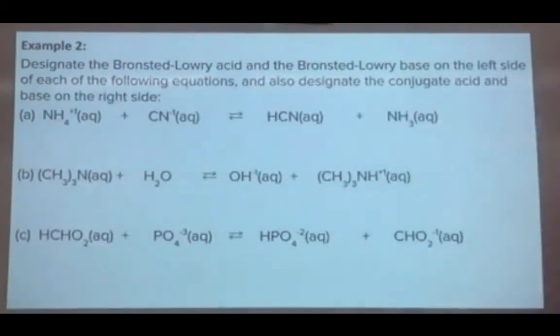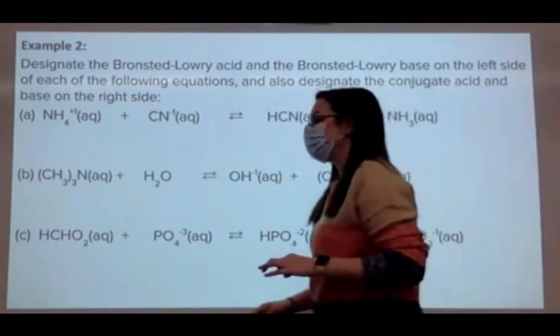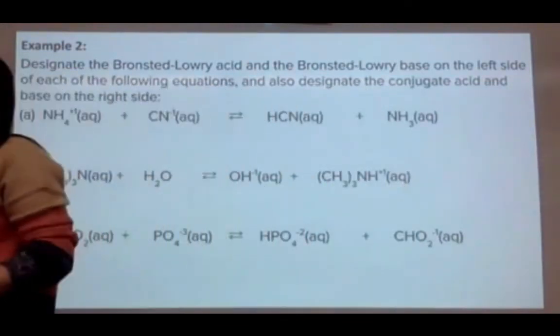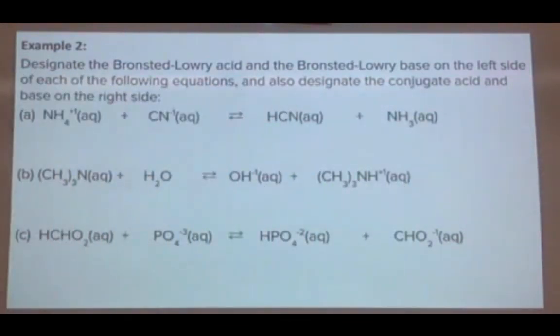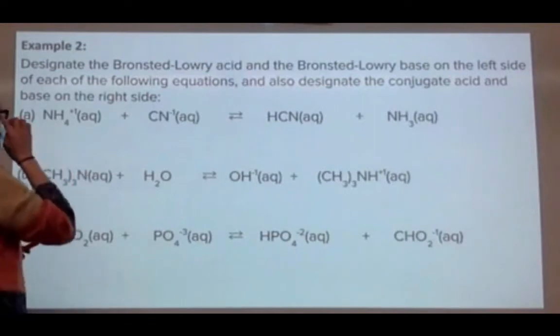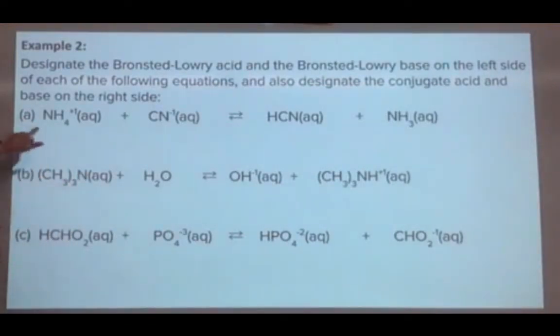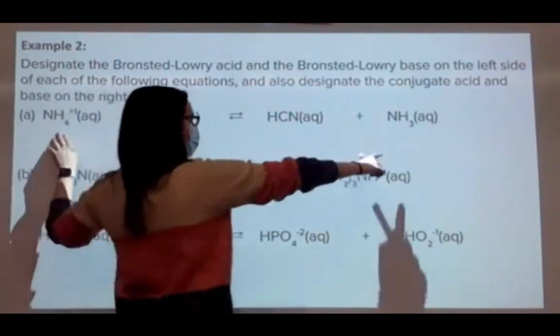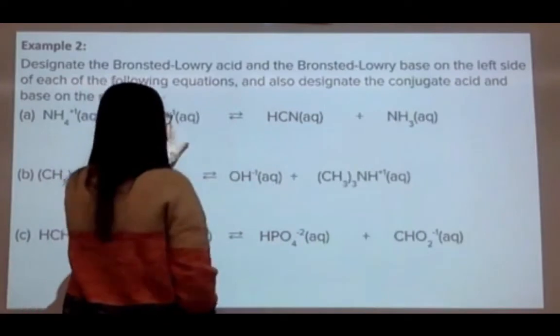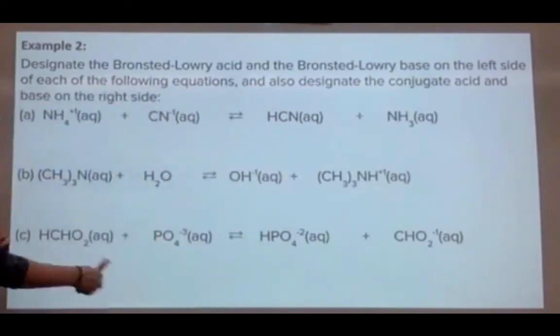The first thing that you want to always do, look from the left to the right. Label what is happening from the left to the right. I like looking at the opposite side. Look for what is similar. I see NH4+ and NH3, and I see CN- and HCN.